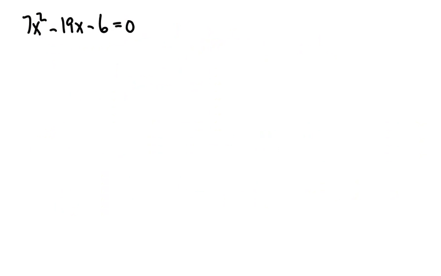Alright, the next question is, I guess there is some confusion. Normally, when we have a trinomial like x squared minus 4x plus 5, or let me make that x squared minus 4x minus 5, usually we're looking for two numbers that multiply to give you the last number, but add to give you the middle number.